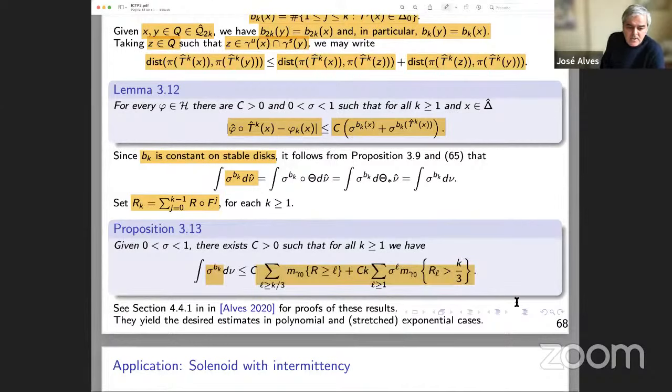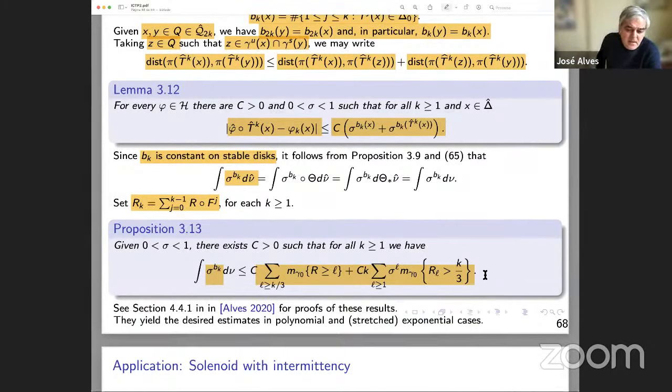It's not difficult to see that in the polynomial case, we obtain a polynomial estimate losing 1 unit. Even though we have here RL, it's no problem. We can obtain a polynomial estimate losing 1 unit in the exponent of the polynomial rate.